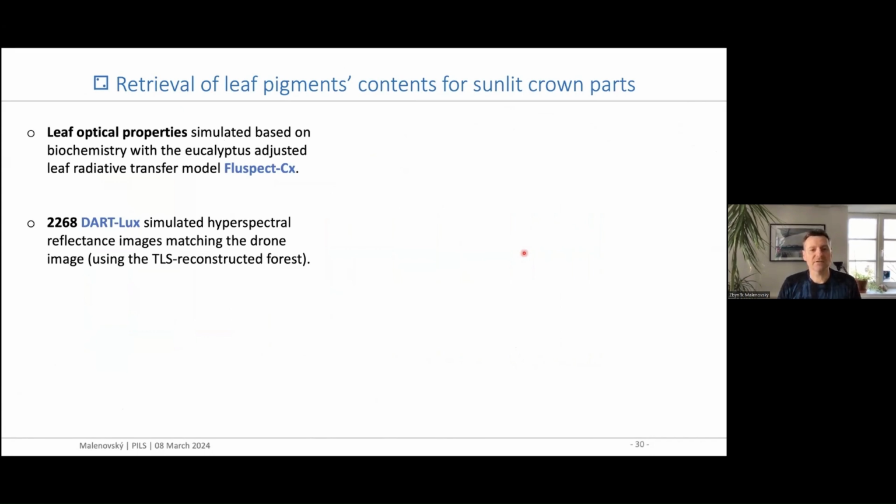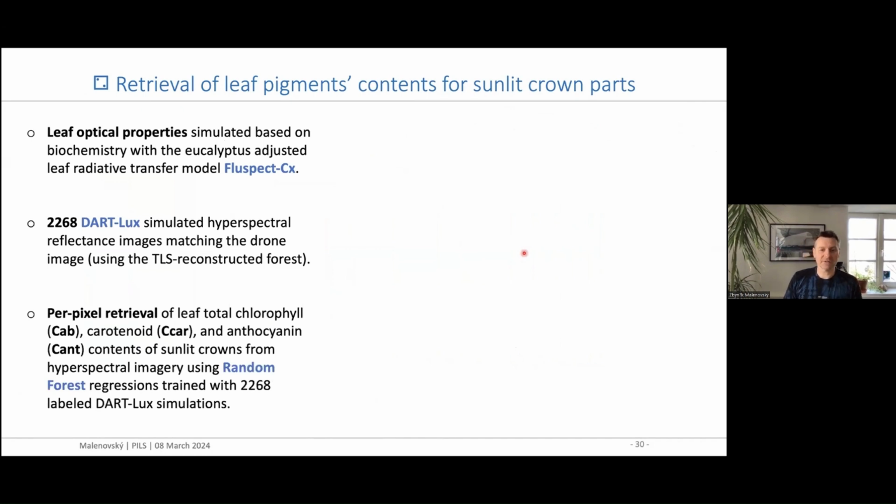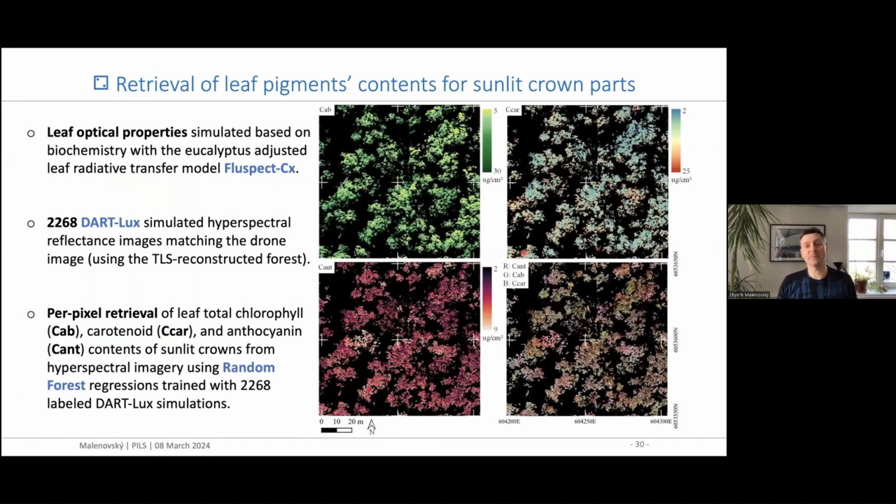And we trained random forest regression using this DART-simulated data and applied it per pixel to retrieve the chlorophyll, carotenoid, and anthocyanin contents.